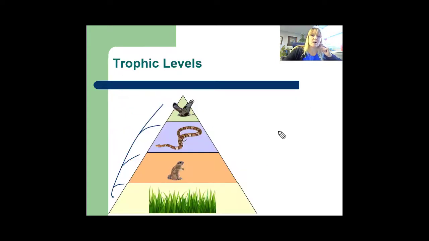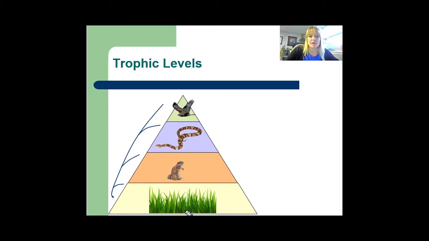Okay, so often you will see trophic levels represented in some sort of pyramid fashion, and when we talk about different kinds of energy pyramids later on in this video, we'll get more detail out of that. But for right now, let's translate those producers and consumers onto a trophic level pyramid. So effectively this represents the flow of energy.